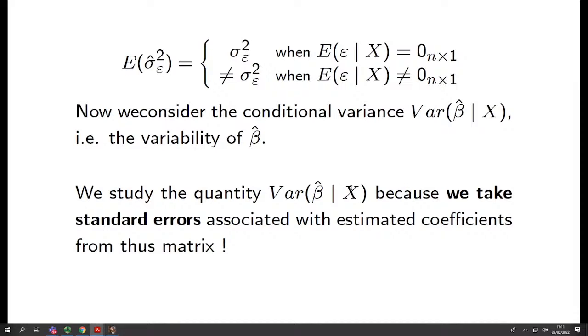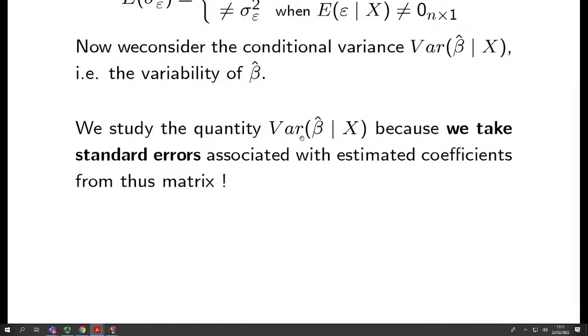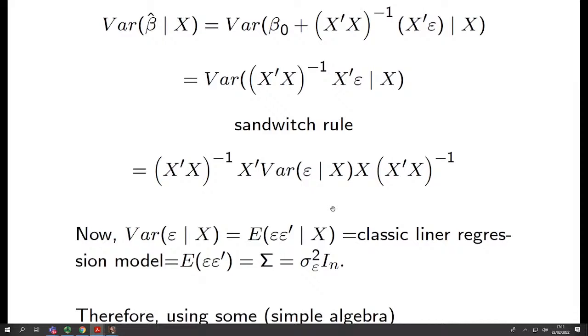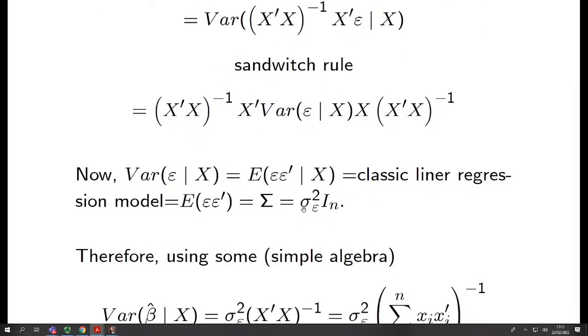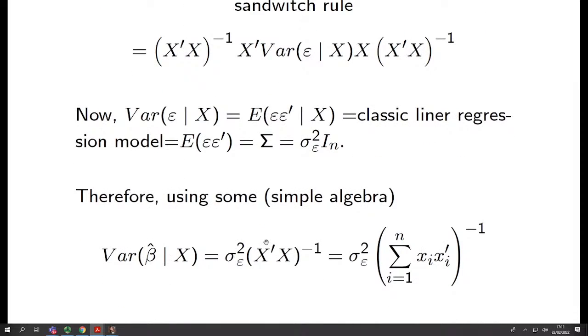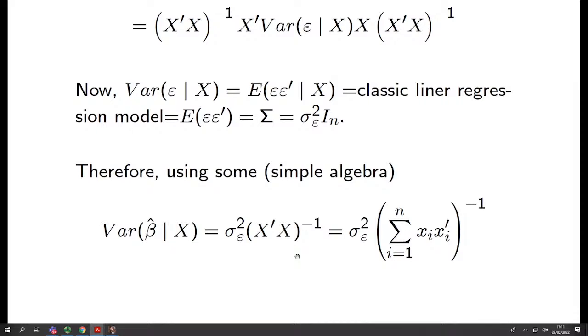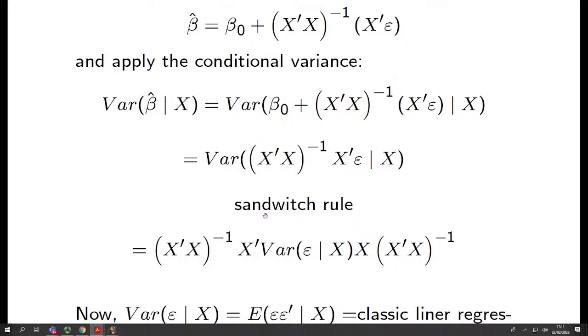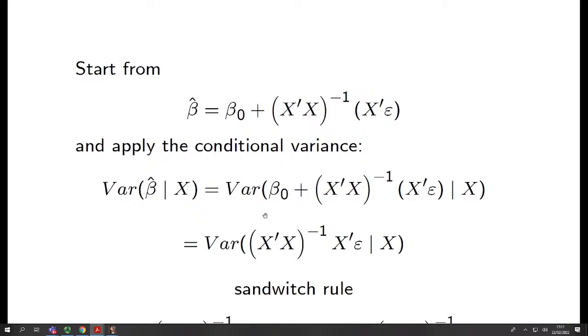We said the variance of beta given X is given by this expression here. We have discussed it several times. Now I want to give you a formal derivation; you have the ingredients to derive it formally. It's not difficult.